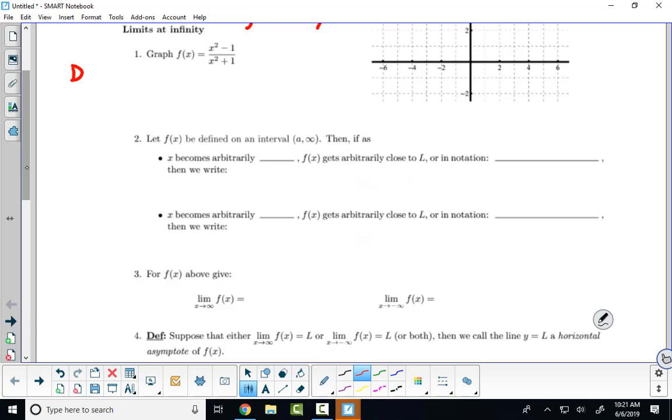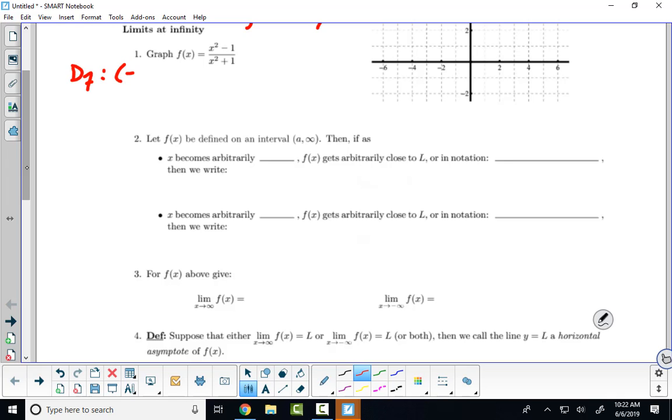Okay. But how about why are there no vertical asymptotes? Because nothing makes x squared equal -1. Yeah. What's the domain of this function? What am I allowed to plug into this function?